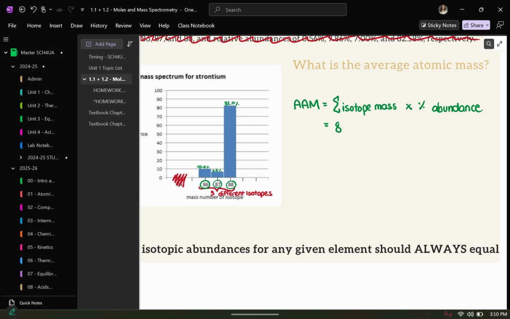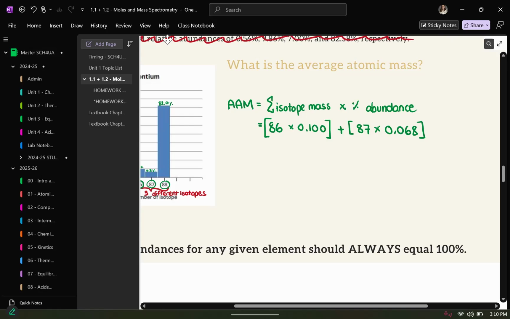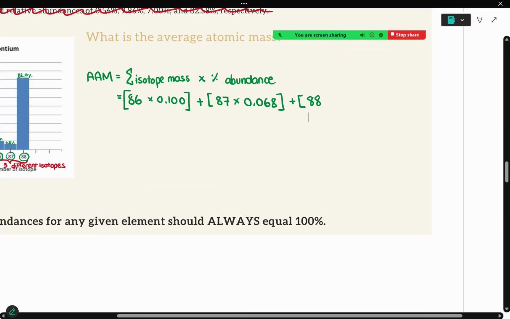So 86 times 10%, which is 0.100, added to the next isotope, which is 87 times 6.8%, so 0.068, plus the last one, 88 multiplied by 0.820.